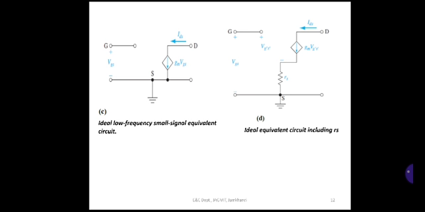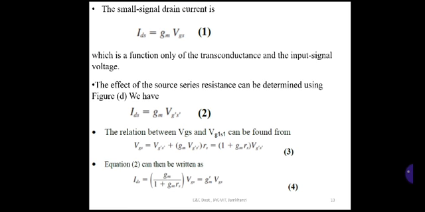The small signal drain current is given by IDS equal to gm VGS, which is a function only of the transconductance and the input signal voltage. gm is the transconductance and VGS is the input signal voltage.